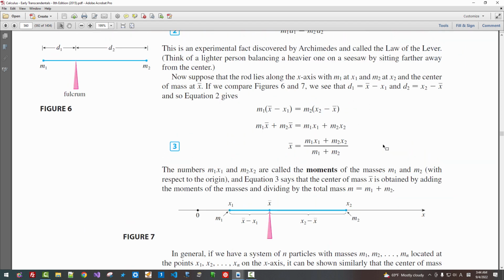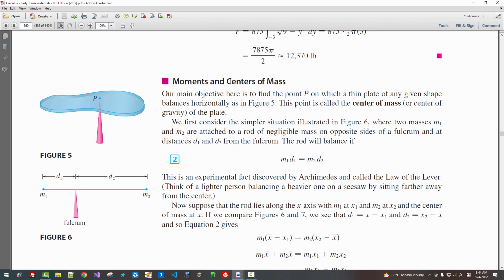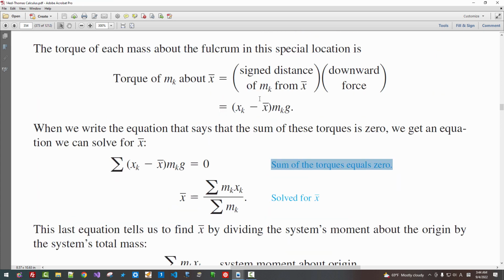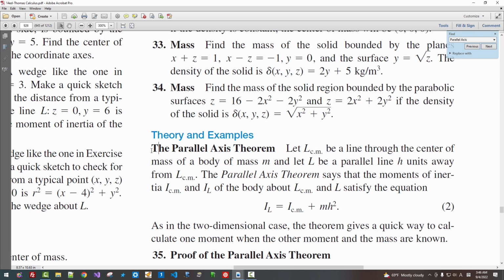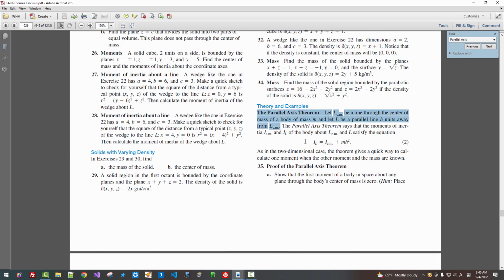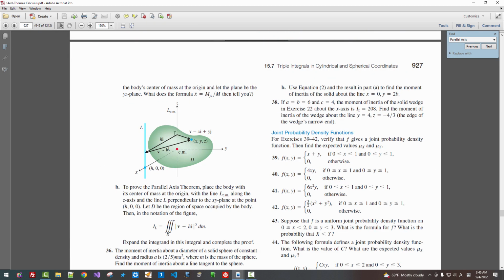Such understanding about center of mass enabled me to solve from Thomas's Calculus the parallel axis theorem problem here completely.